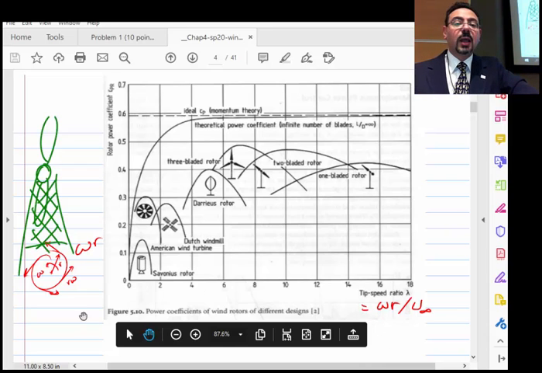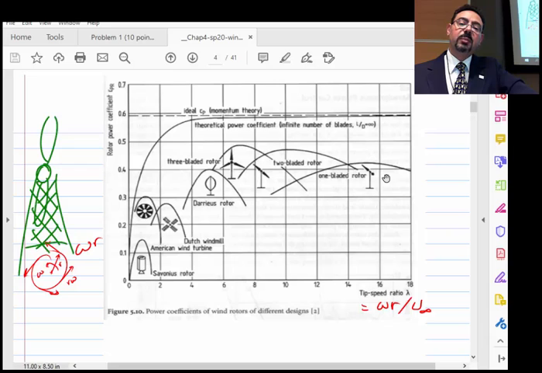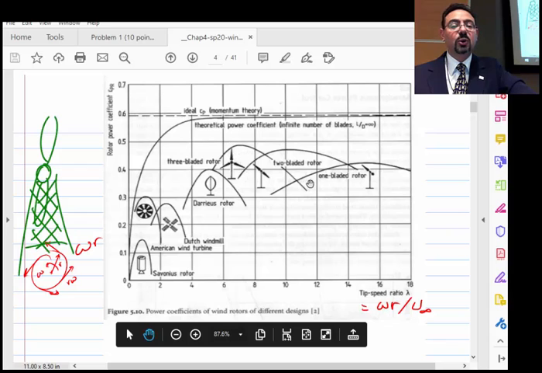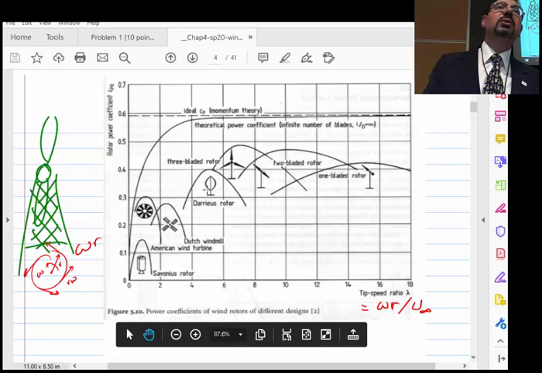Now, interesting, all those machines are basically following this arc for maximum efficiency, although this is two blades and this is one blade. But for a lot of practical reasons, people opt for the three-blade rotor. And you can see the maximum efficiency, 0.49. If you run it at that tip speed ratio and go faster or slower, the efficiency will drop.